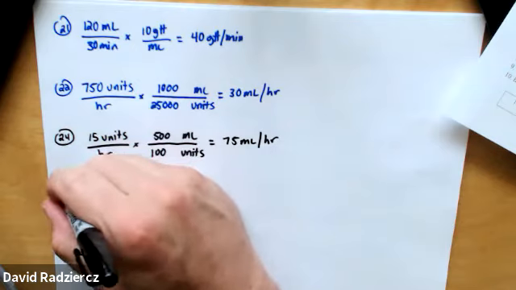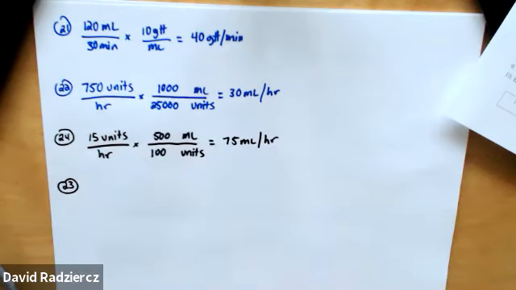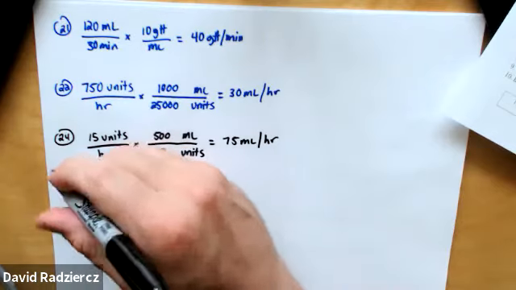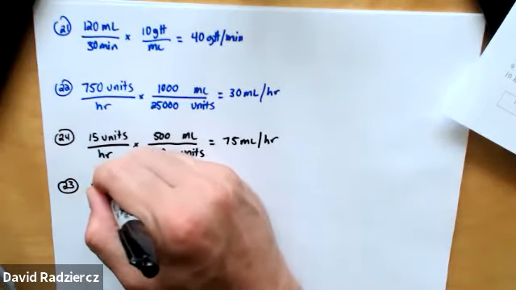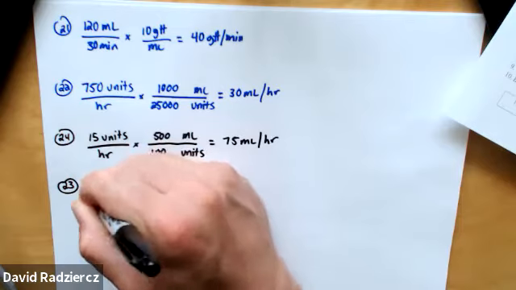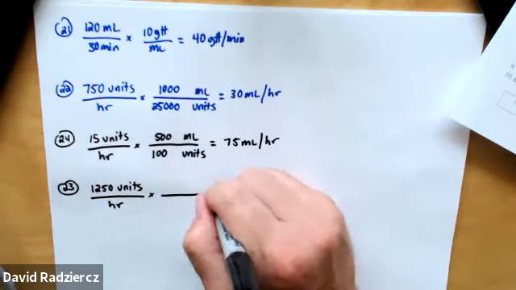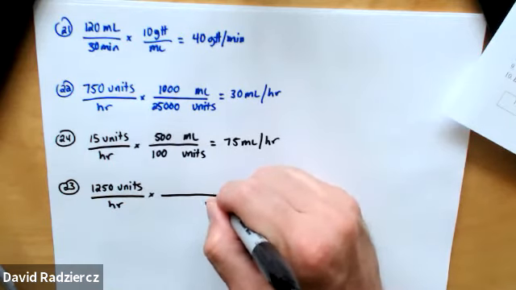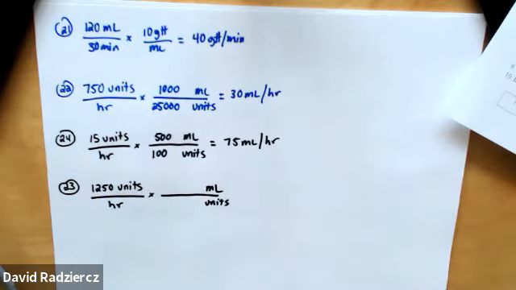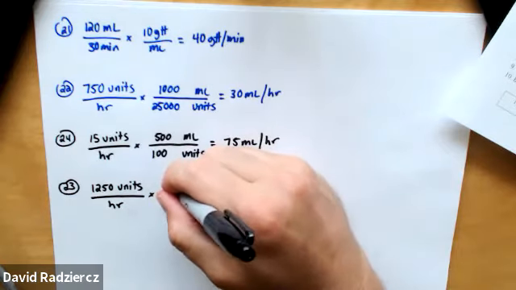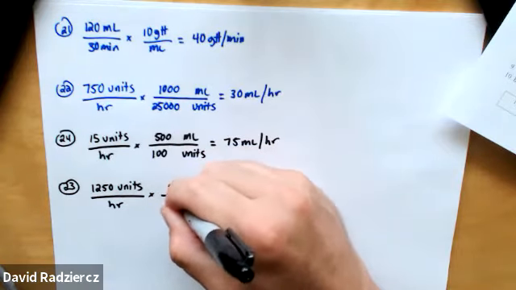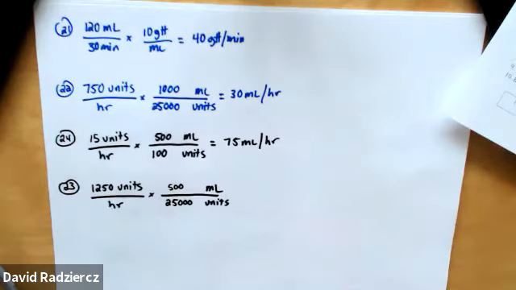And then for 23, it says we have heparin IV infusing at 1,250 units per hour, but we want it in milliliters per hour. And it says we have 500 milliliters with 25,000 units. So I'm going to do the same thing.